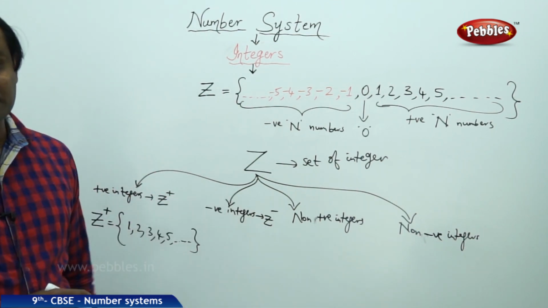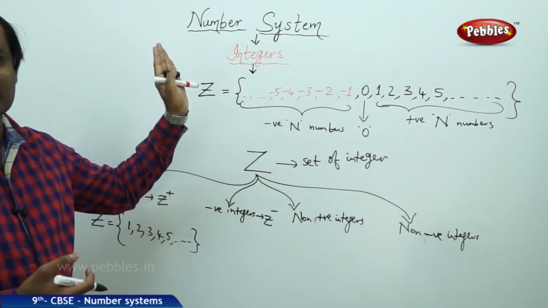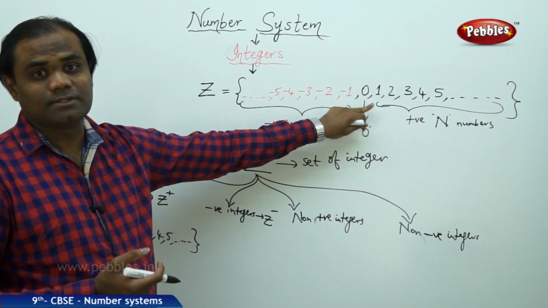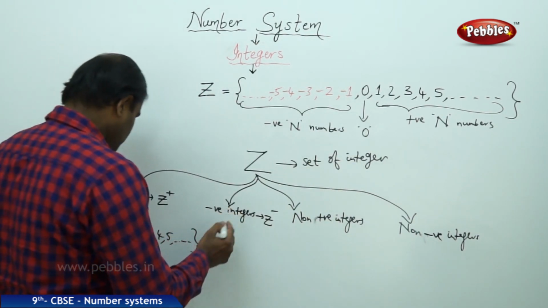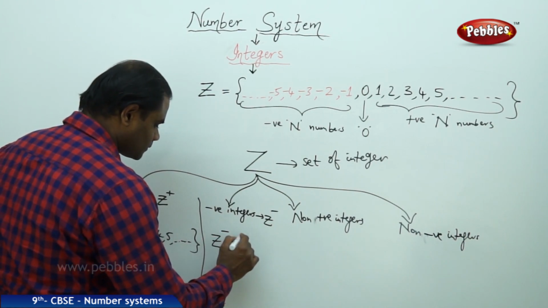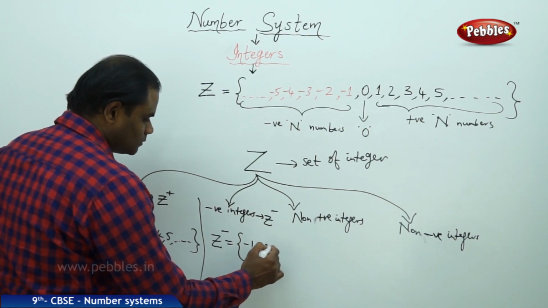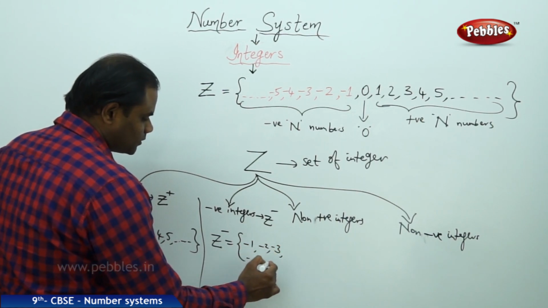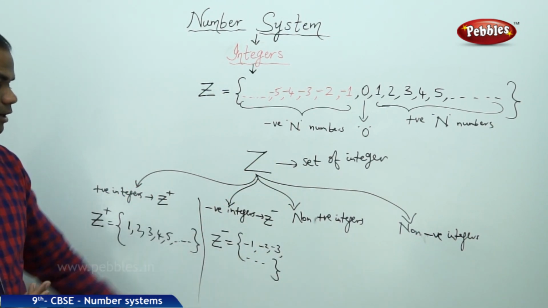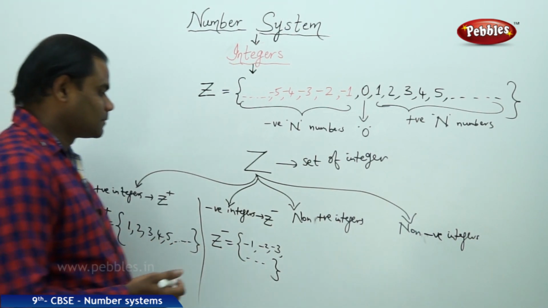Similarly, the negative integers Z minus are all the numbers on the negative side, that is on the left of 0 of the main set of integers Z. Therefore, negative integers denoted by Z minus start with -1, -2, -3, and so on and so forth, and this is how we write the set of negative integers.